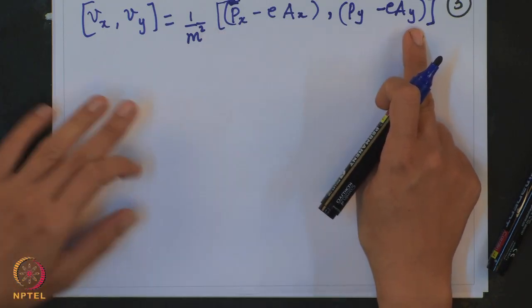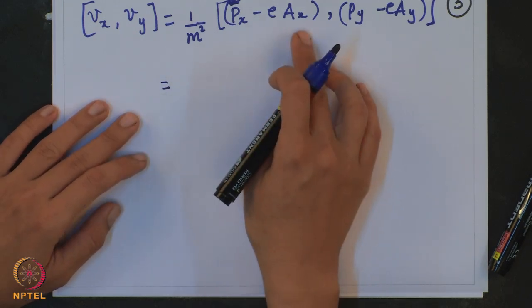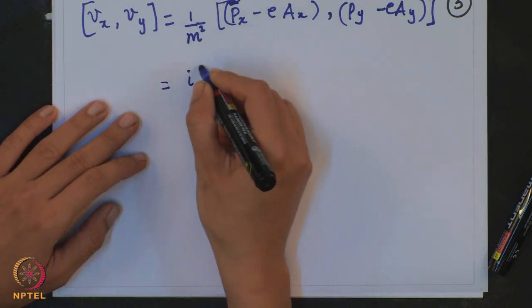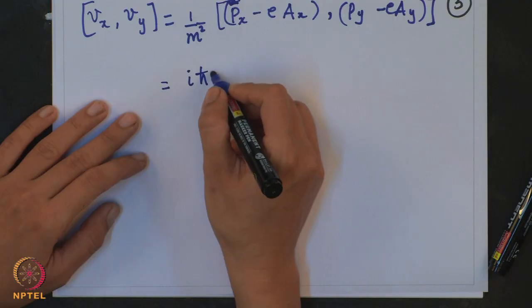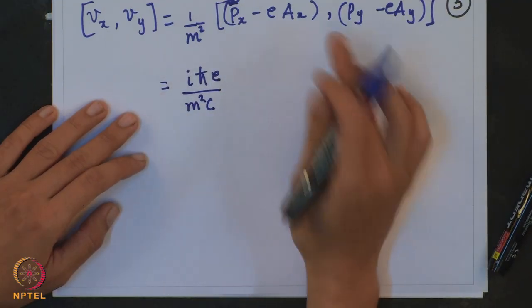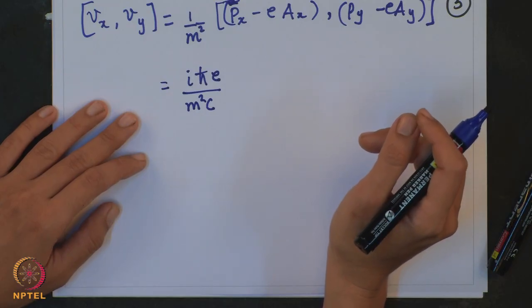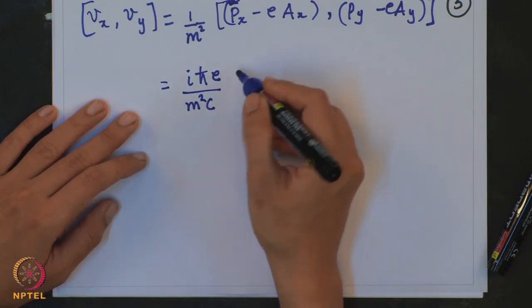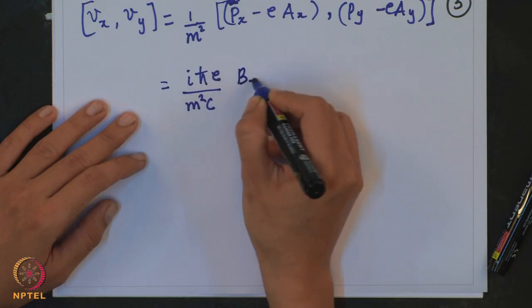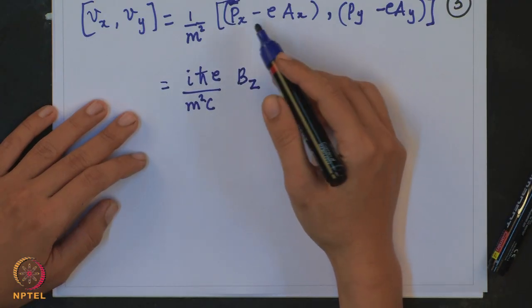When you do all the substitution, you will obtain i h cross e upon m square c times Bz. How will I write Bz?